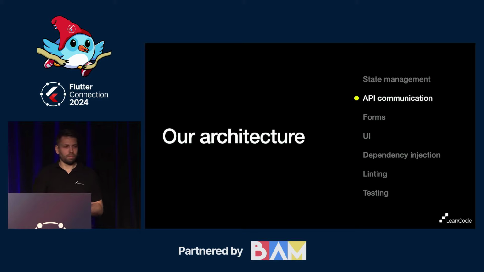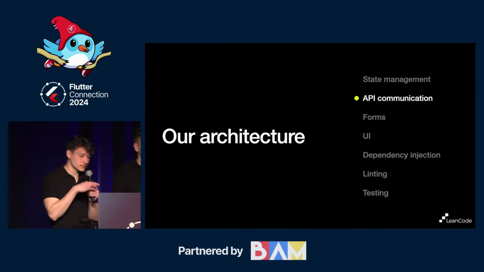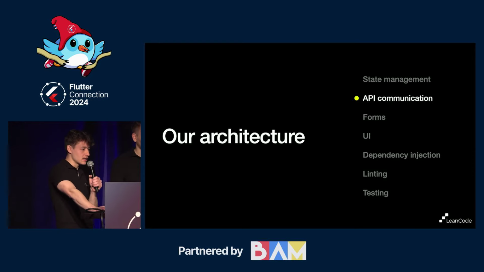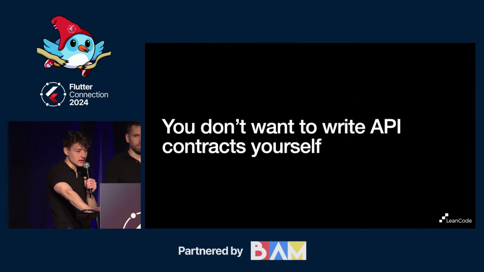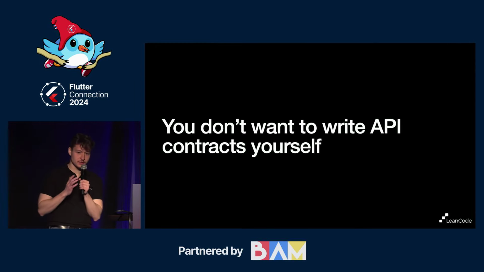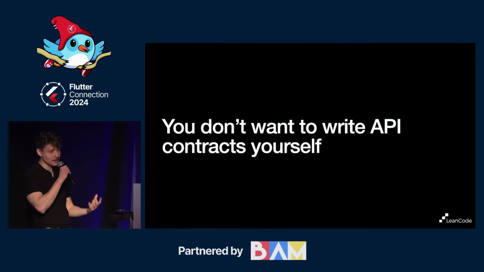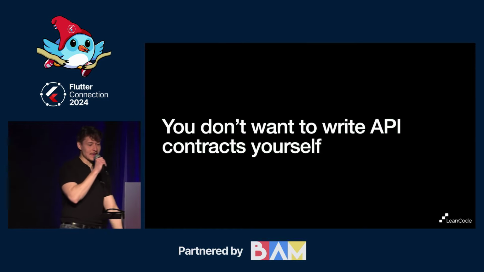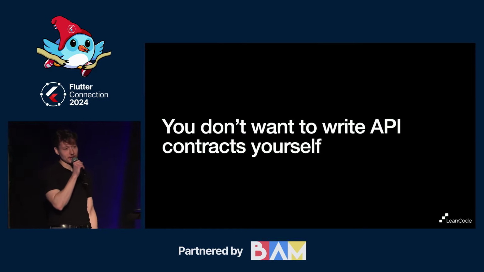Yeah, and let's go to another important part, which is API communication. It's actually a bit connected to state management, but the most important thing is that you don't want to write API contracts yourself, and you certainly want to have an API contract.